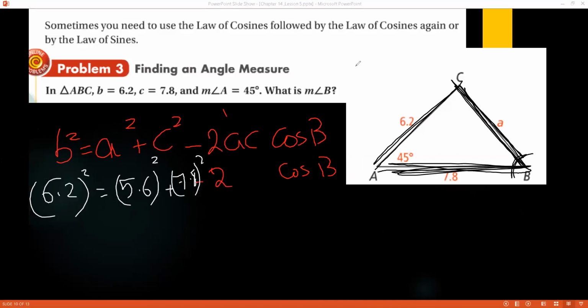7.8 squared minus 2 times 5.6 times 7.8 cosine B. So here we found the three sides.